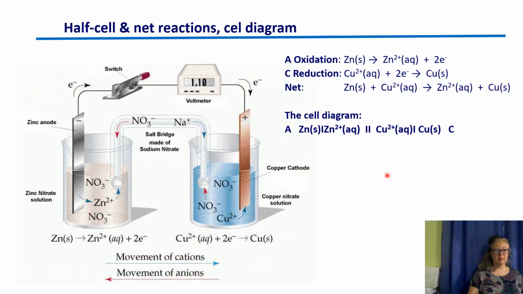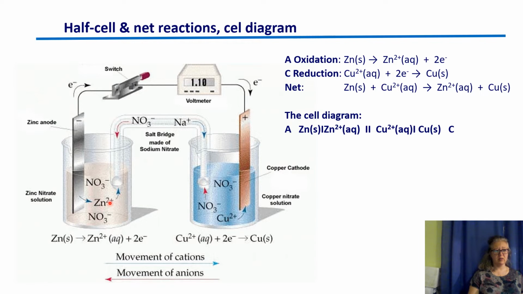Accompanying nitrate anions migrate through the salt bridge to the zinc half cell to neutralize the excess of positive charge of the zinc 2 plus cations.